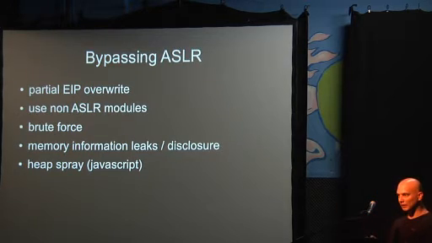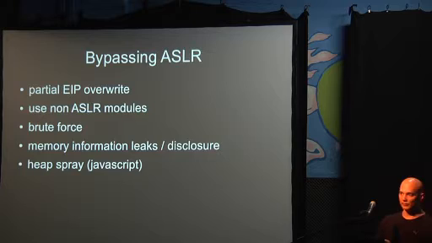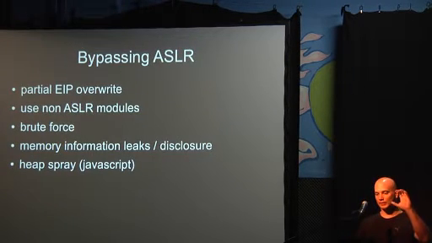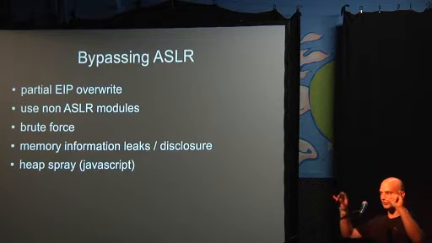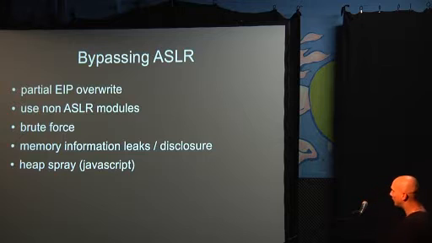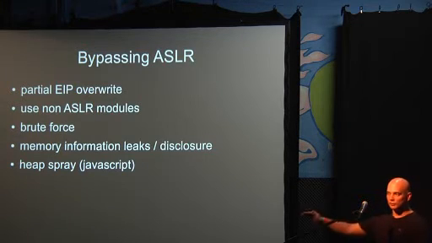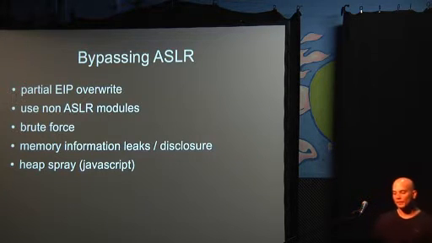If EIP is partially overwritten, only the lower 2 bytes, then the upper 2 bytes of the DLL address will keep their actual value, and the offset will be unchanged. So with this, this is a relative address, and then we can bypass ASLR.